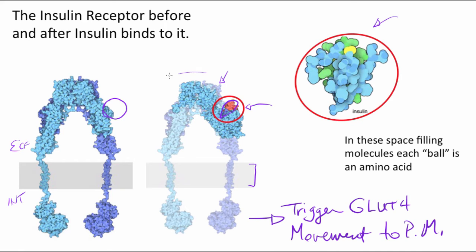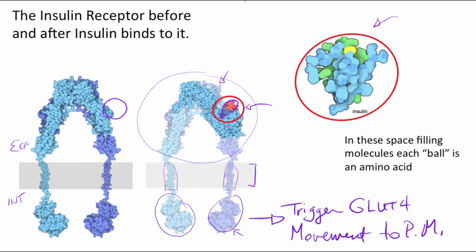So it has this large portion that sticks outside the cell. Parts of this protein travel through the plasma membrane, and then there's something going on the inside of the cell where this portion of the molecule has to interact with other proteins. And it turns out we don't know what they are, or we don't know what all they are.